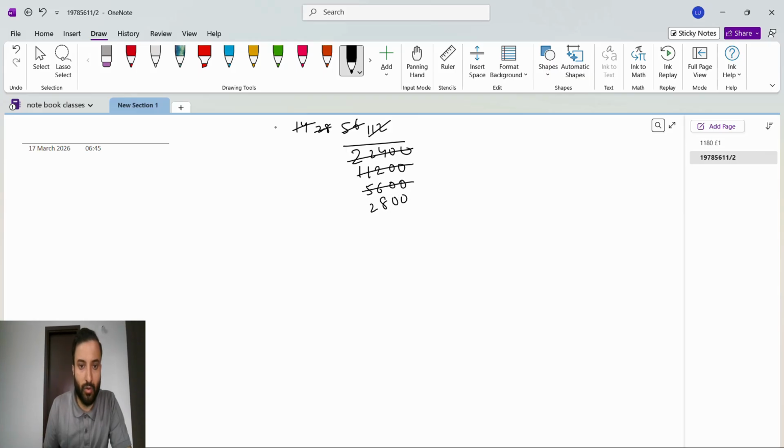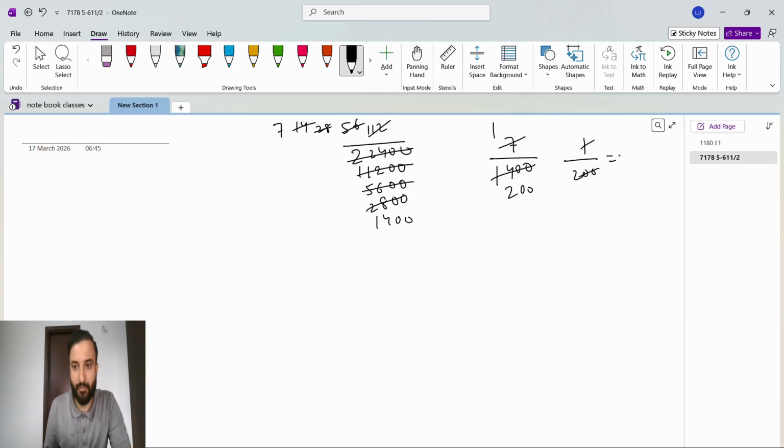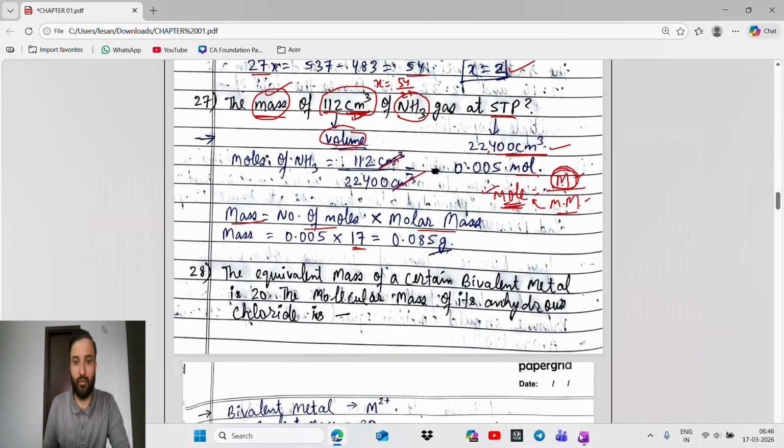Again it will go by 2, so 7 and 1400. Now 7 divided by 1400, it will go by 7: 1 by 200. So 10 by 200, no, we will take 0, so it will become 100 by 200, no, again we will take 0, so it will become 1000. So 5 times 1000, so 0.005. Like this you have to do.